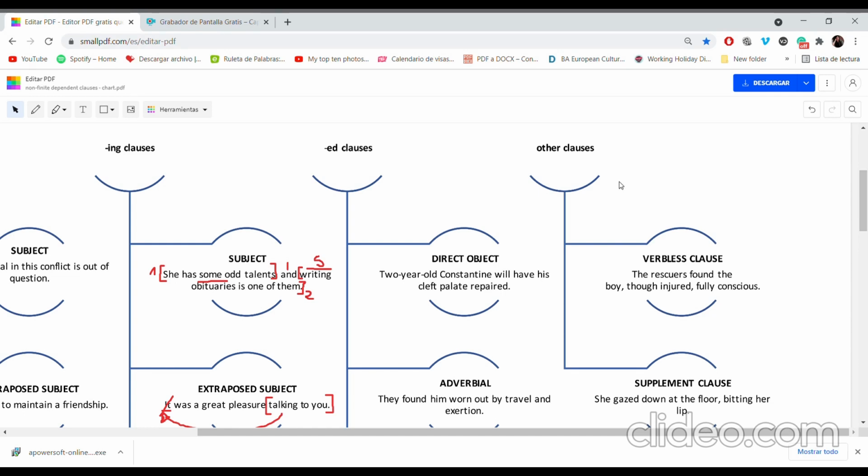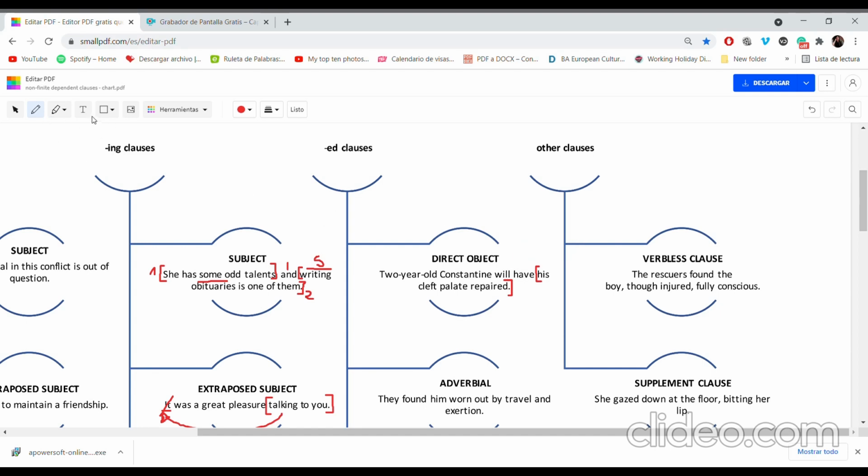So every time we find an example with the causative, we'll have an ed participle form or an ed clause as the direct object of the verb have. Here we mark the direct object, including the ed word. In this case, it's an ed word. Remember that it can be also another form of an irregular verb, right?